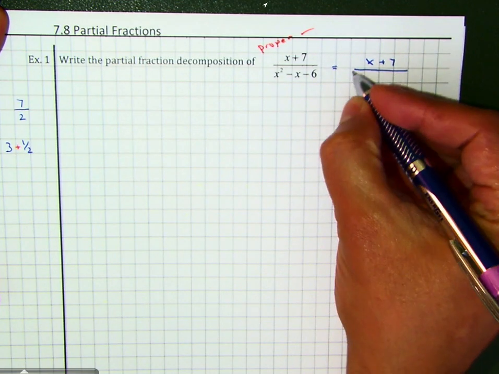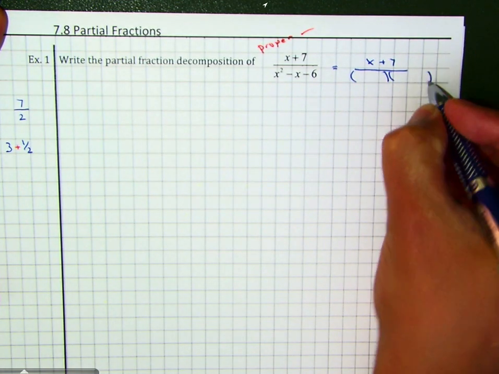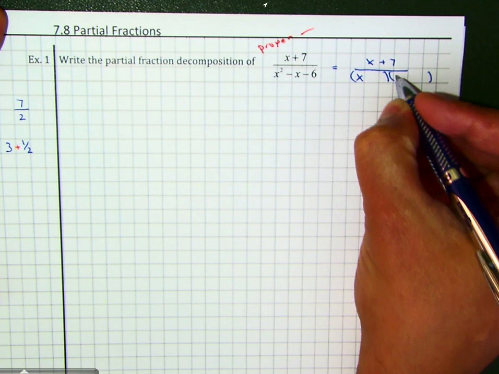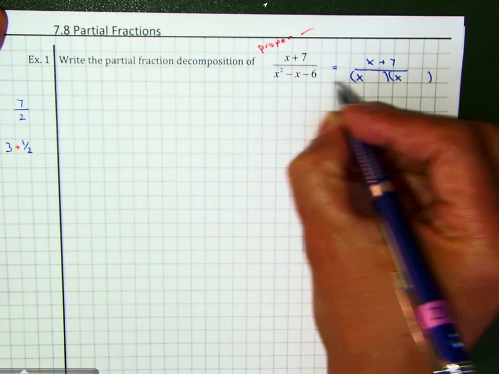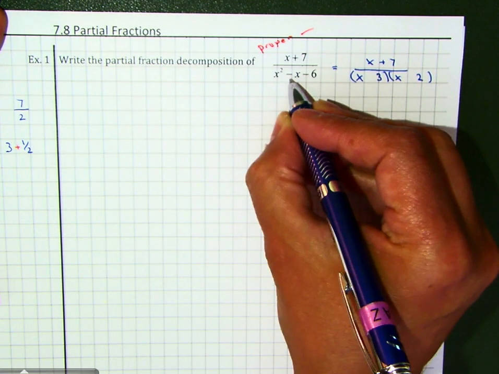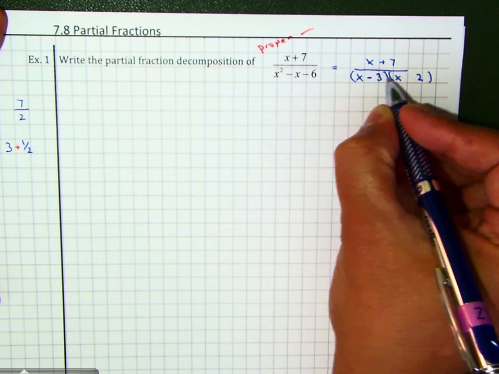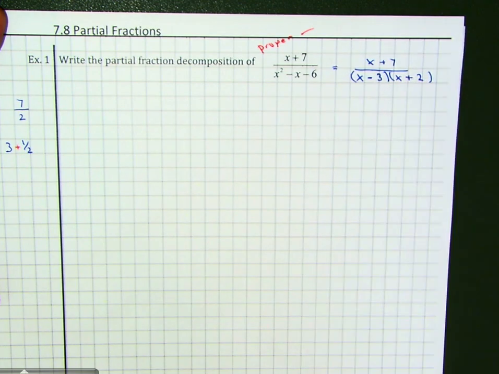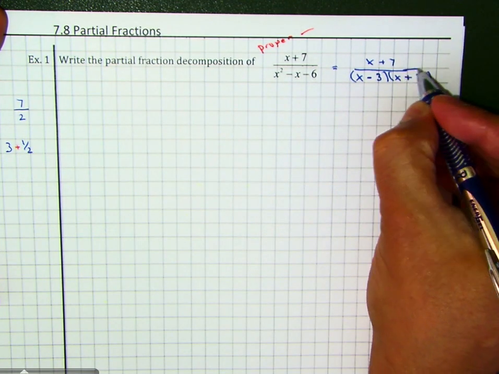If I factor this out, factors of x squared give me x and x. Factors of 6 will be 3 and 2, one negative, one positive. I need to end up with a negative x, so that should be a negative 3 and a positive 2. So those two expressions are equal.